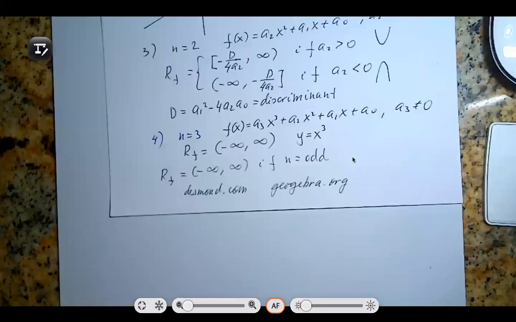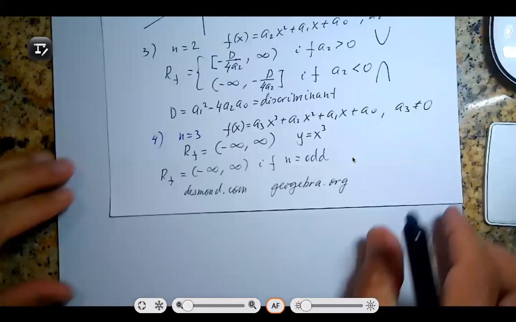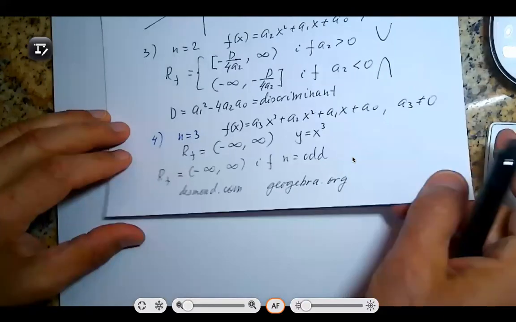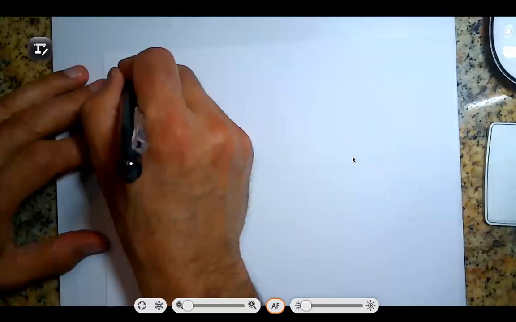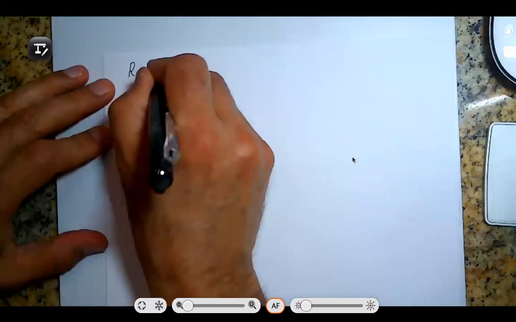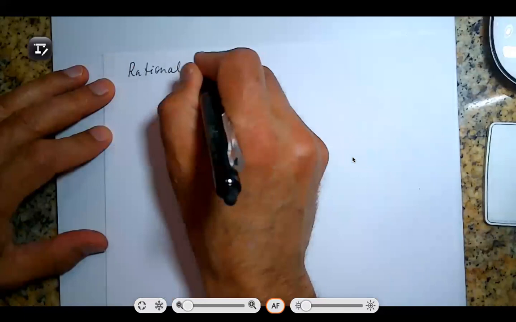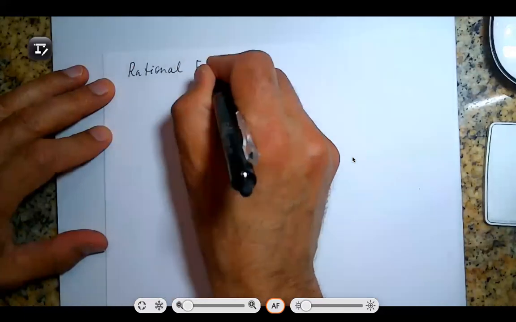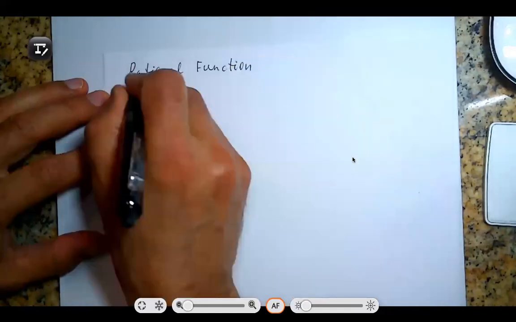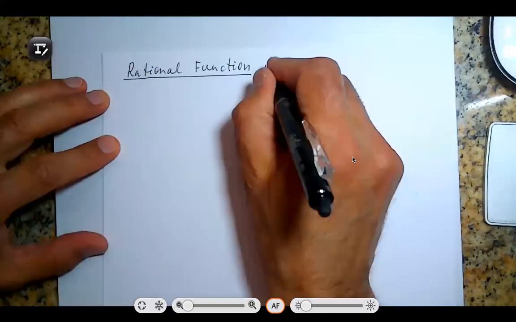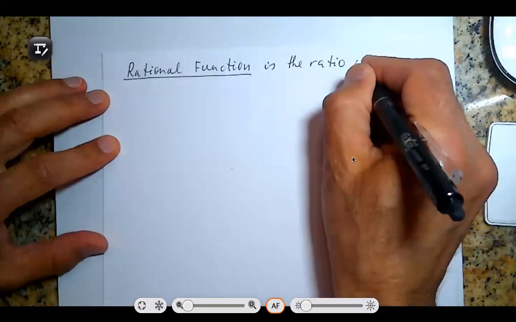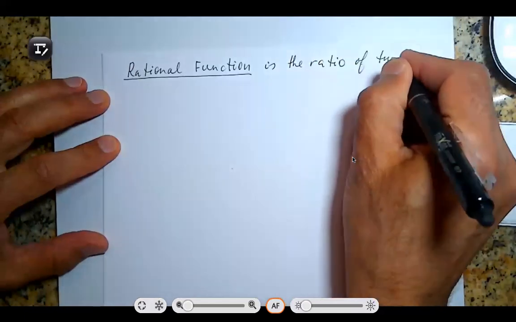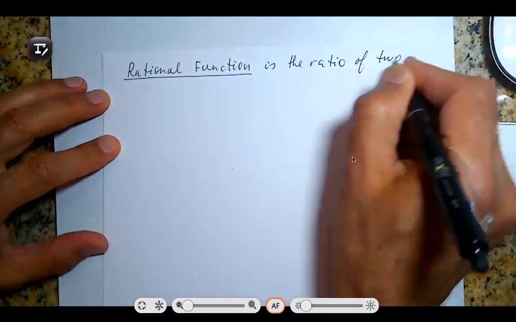Okay. So now, what is a rational function? A rational function is the ratio of two polynomial functions.